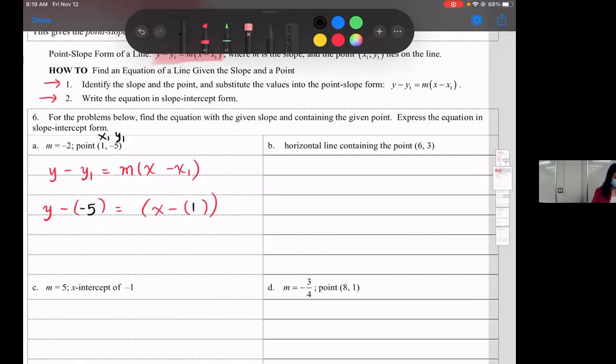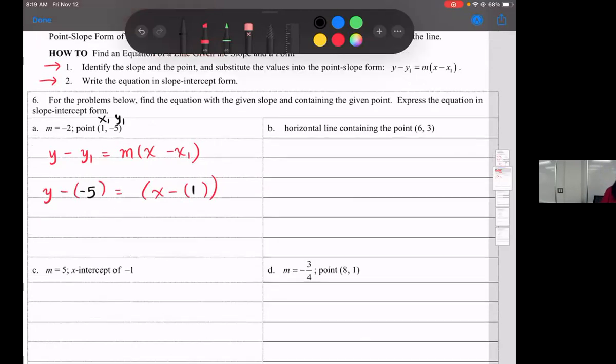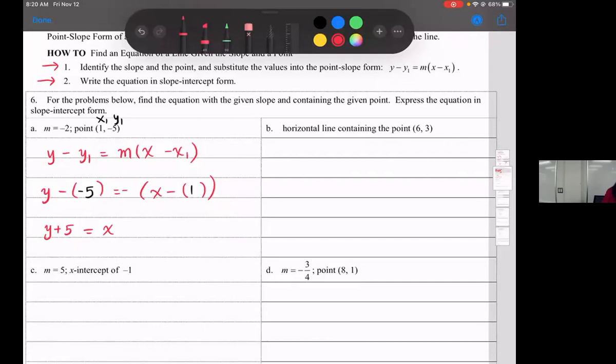Guess you lost that. All right, simplify. Don't stop right here. We're gonna simplify. So it's gonna be y plus 5 equal... Oh, I'm sorry, I forgot to put the slope, -2. So sorry. -2 right there. My bad, I forgot.